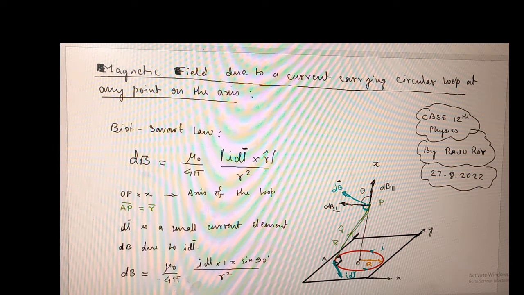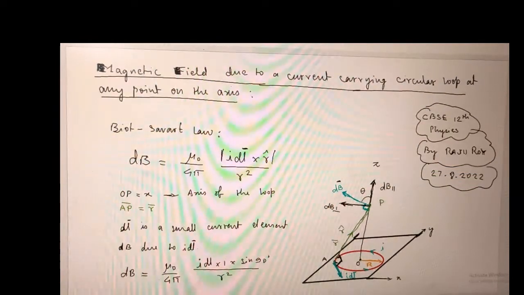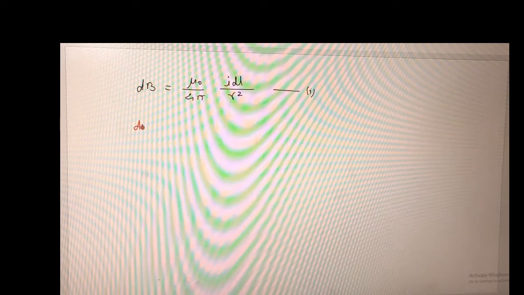So what we will say: let us go to the next page. dB can be resolved along axis OP and perpendicular to axis OP, isn't it?